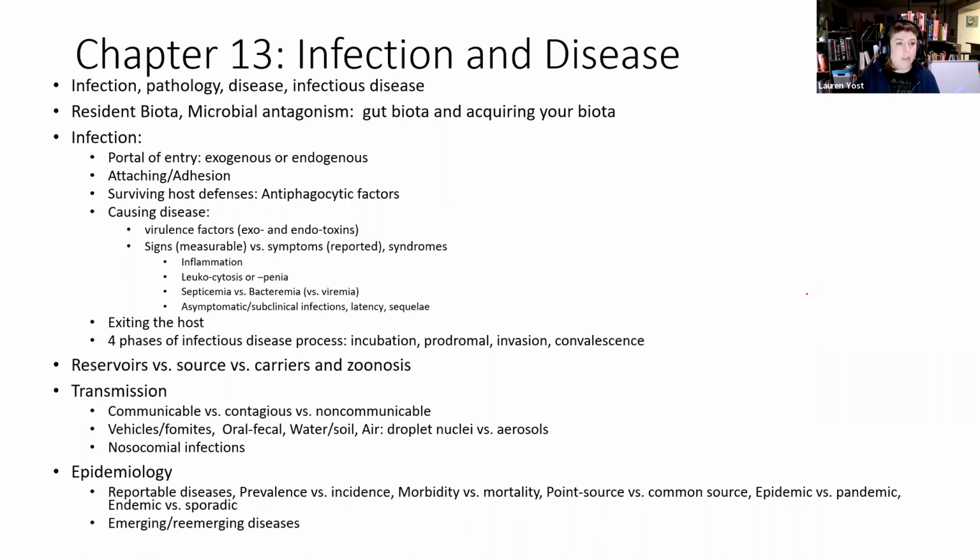Everything's great about the resident biota, especially the gut biota. That idea of microbial antagonism, that is to say that your normal biota, especially your gut biota, are taking up those seats so that bad guys can't come in and overgrow.